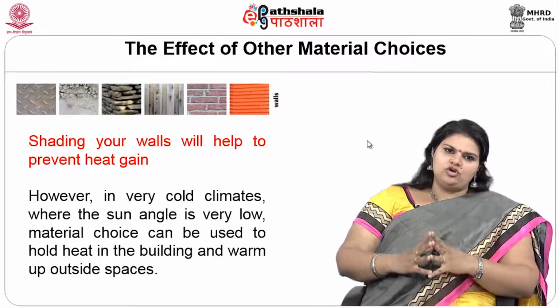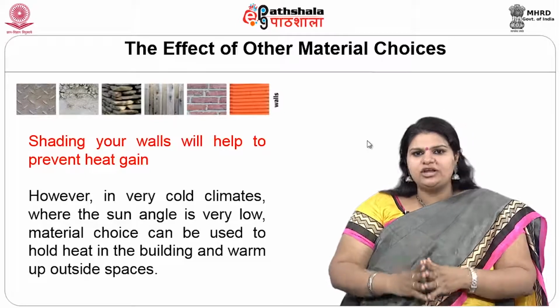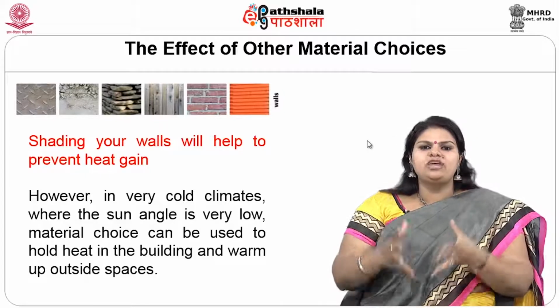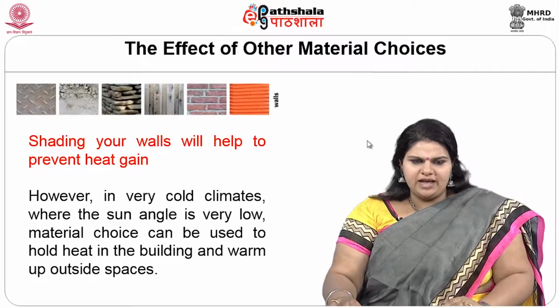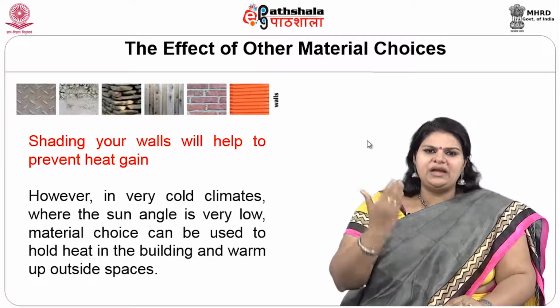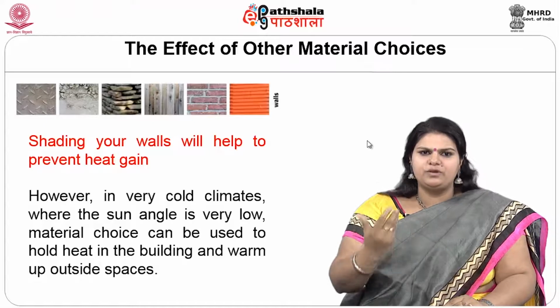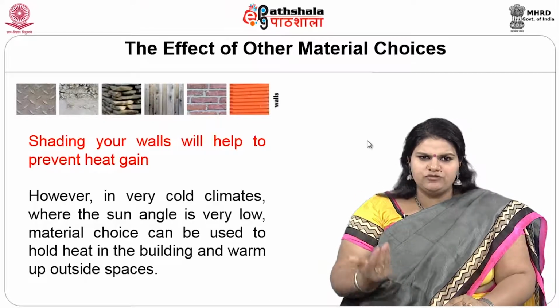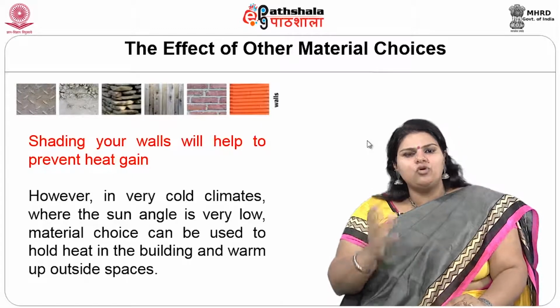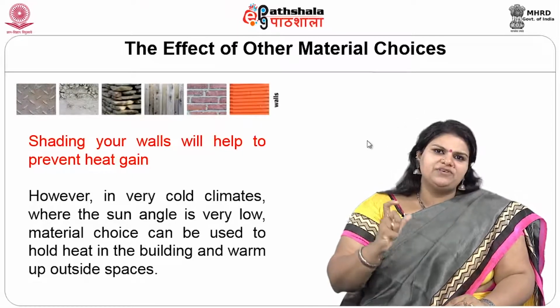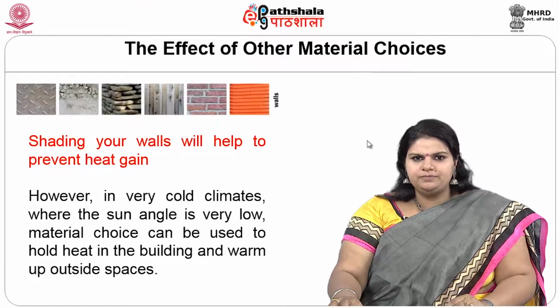And then the quality of the wall, let it be concrete or stone, will help to keep the walls warm for a longer period of time. So how is the solar heat gain coefficient of the material helpful in deciding whether it's going to be a passive cooling material or a passive heating suitable material?